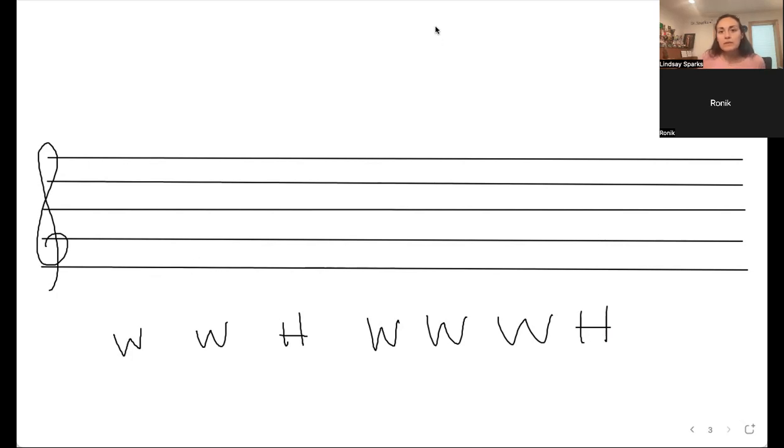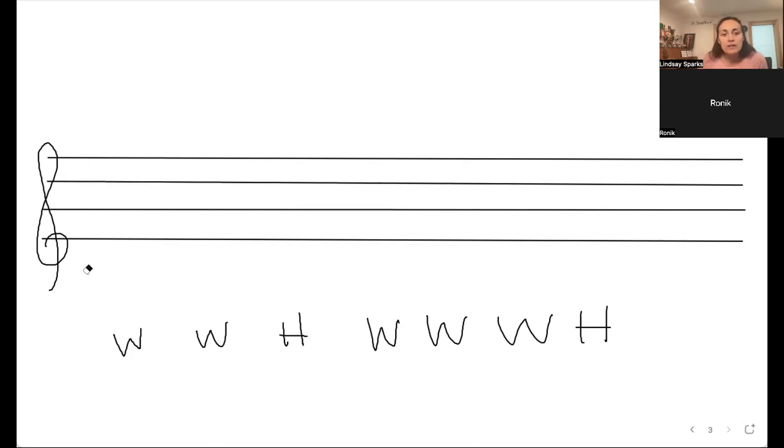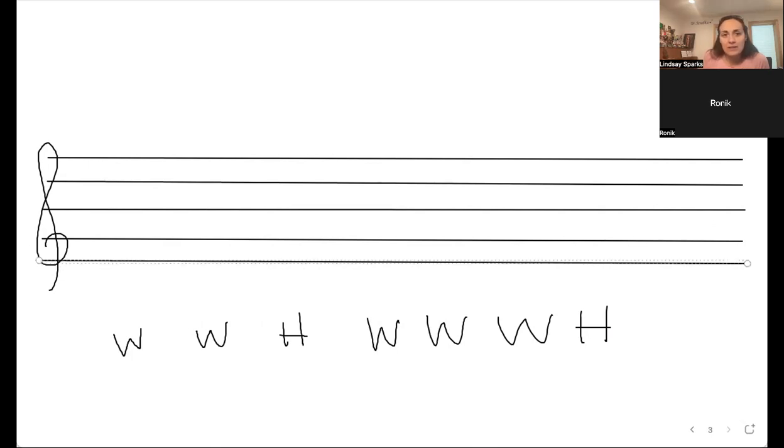Okay, I'll choose a different color. Green. Okay, so D. Okay, one more line. Now I need to change my drawing tool. Okay, there it is.